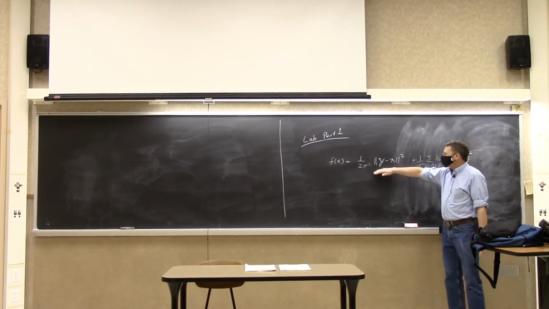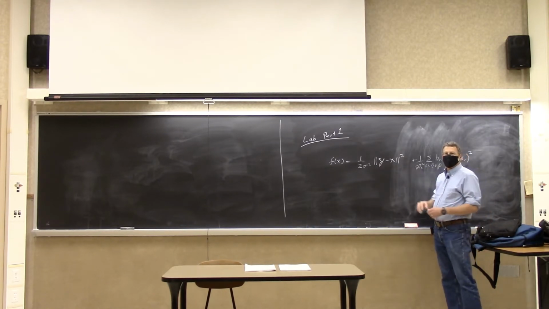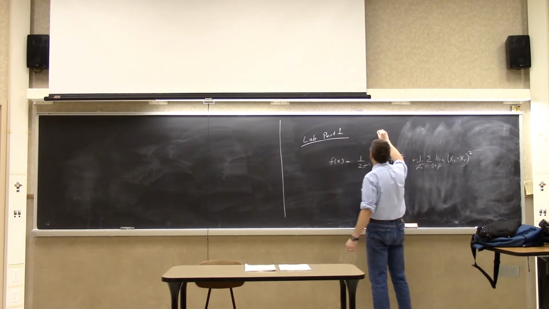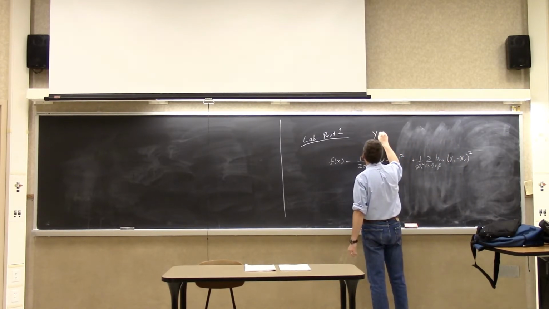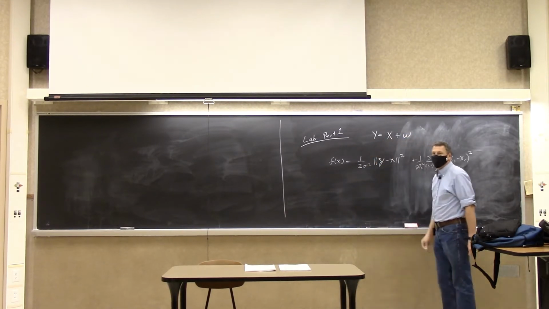And what does this thing do? Why do you want to minimize this part? Where does this part come from? What does it mean? So what's the model? The underlying model here is y is equal to x plus w. Pretty simple model.